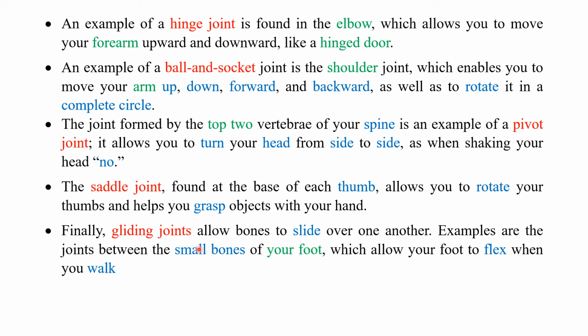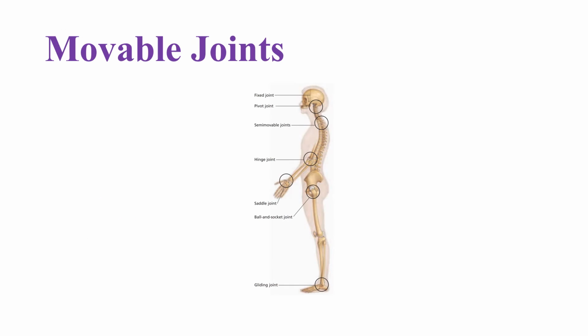Finally, gliding joints allow bones to slide over one another. Examples are the joints between the small bones of your foot, which allow your foot to flex when you walk.